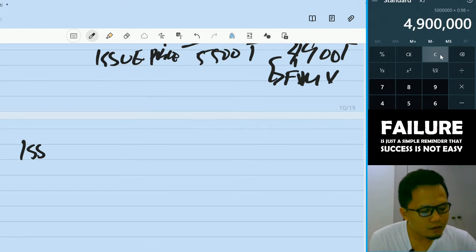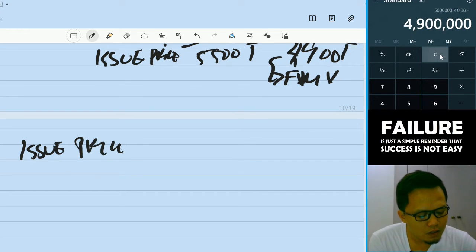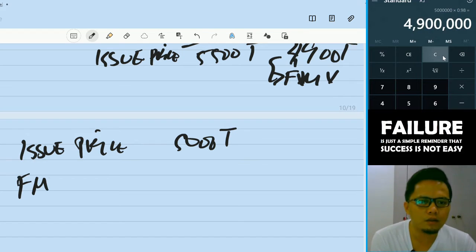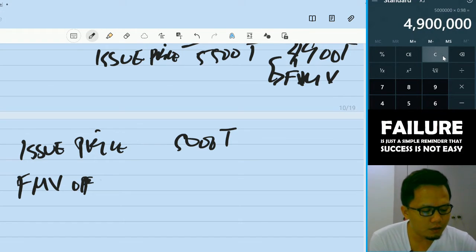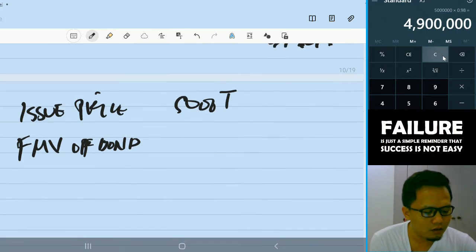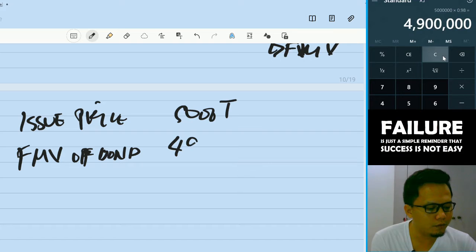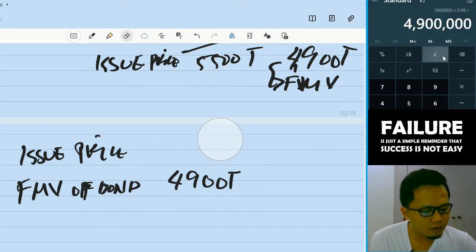So, the issue price less the fair market value of the bond without the conversion privilege of 4,900,000. The issue price is not 5 million, but rather 5,500,000.